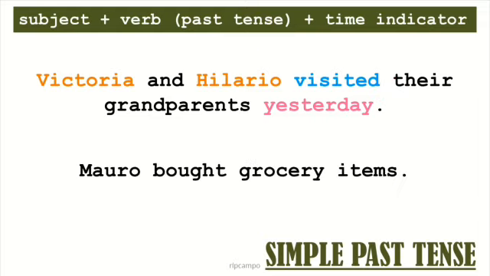Mauro bought grocery items. The subject here is Mauro and the verb is bought. Notice that we do not have a time indicator here, but the verb is expressed in the past.